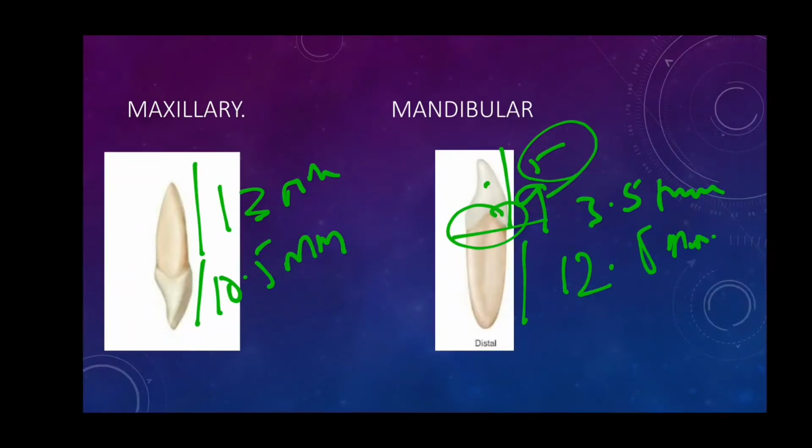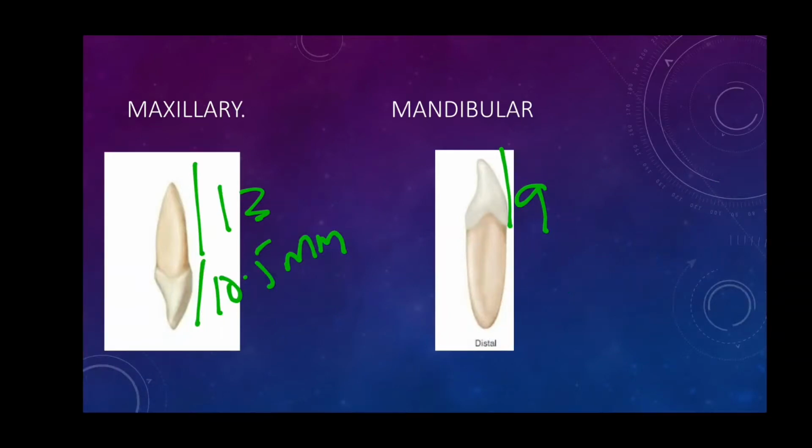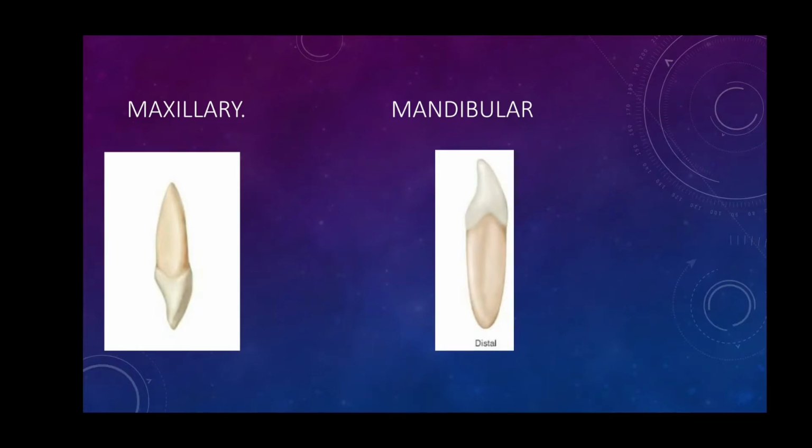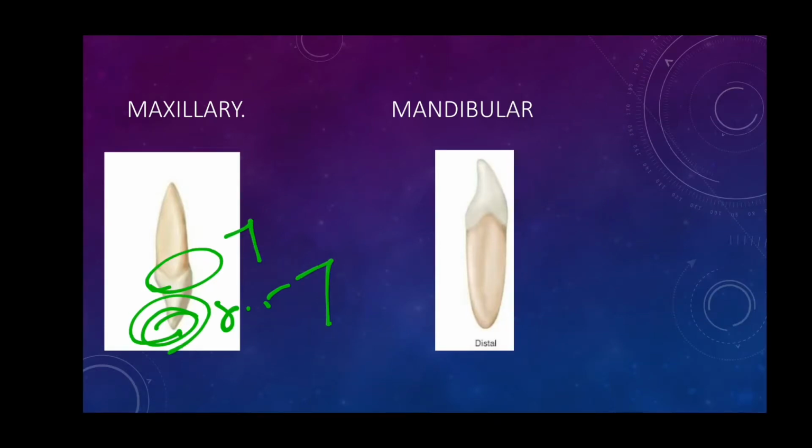Coming to the maxilla. Mesiodistal diameter will be 8.5. At the cervix, it will be 7. At the incisal area or middle third, it will be 7. Labiolingual diameter at the cervical area will be 6.